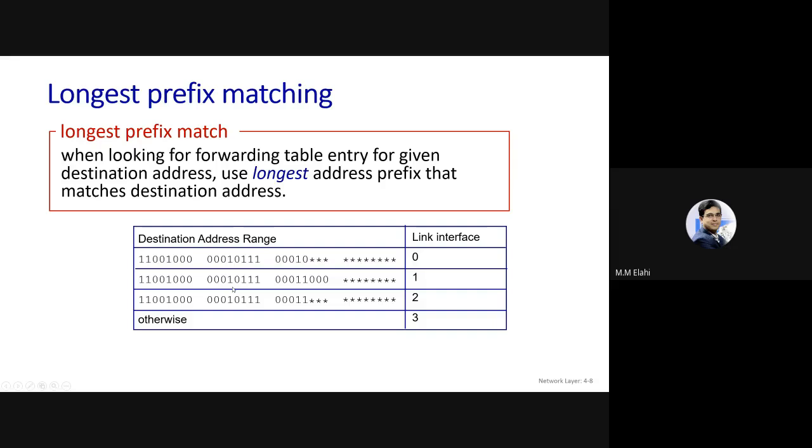How many bits in the network in the second entry? 24 bits. So now 21 bits matching will not work. You have to match exactly 24 bits, not even 23, to forward the packet to link interface 1. Suppose this one also didn't match. Then go to the third one. Again, for the third one, how many bits must match?